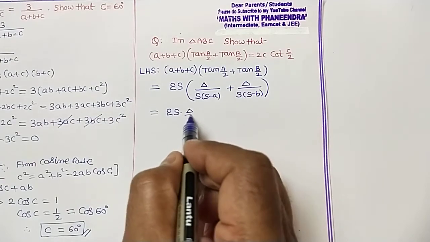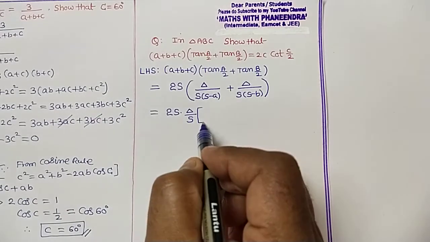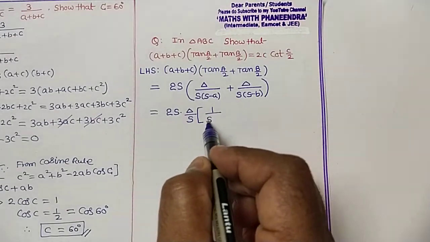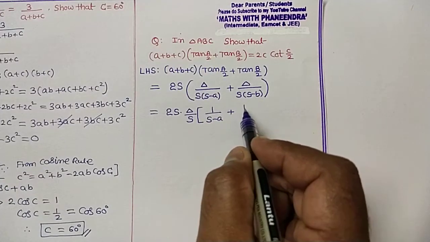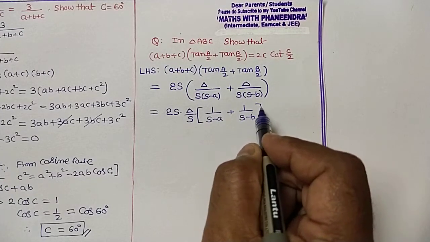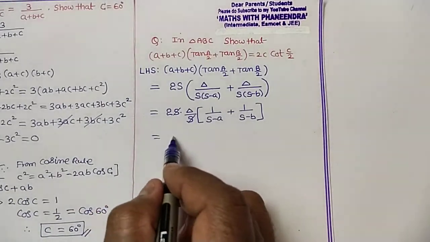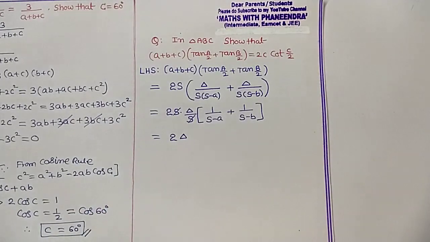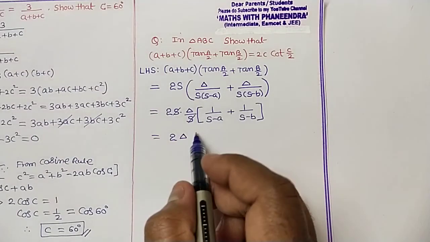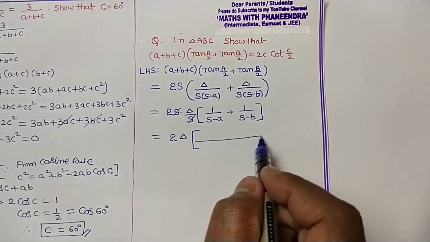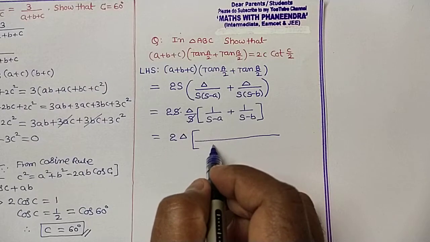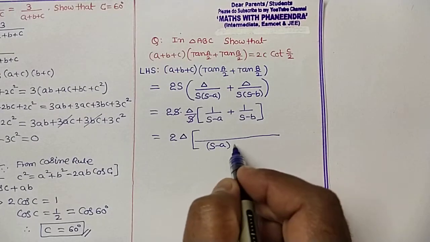So delta by s I am taking common. Therefore it will become 1 by s minus a plus 1 by s minus b. So here s gets cancelled, which is equal to 2 into delta. Keep bracket and take LCM. s minus a into s minus b is the LCM.